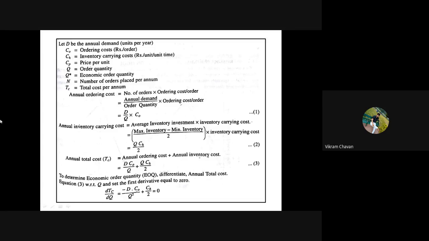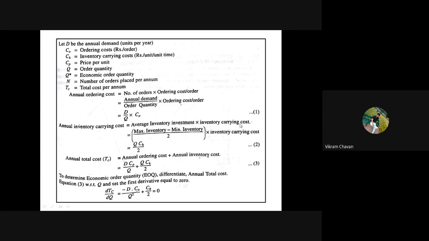And the second factor to be included in this particular total cost per annum is nothing but annual inventory carrying cost. This annual inventory carrying cost formula we have already discussed in the cost inventory relationship. That is nothing but average inventory investment multiplied by inventory carrying cost.